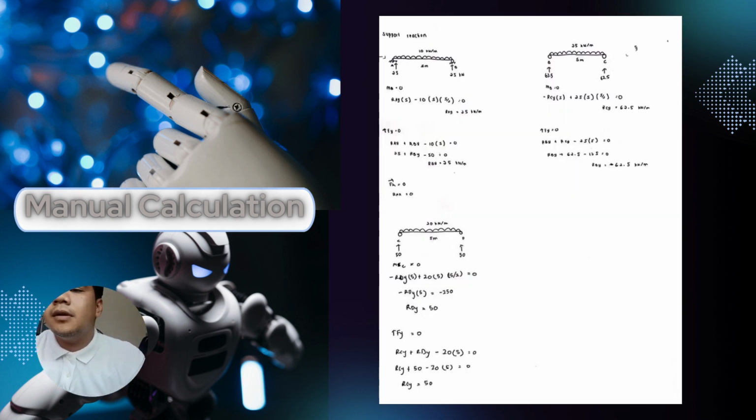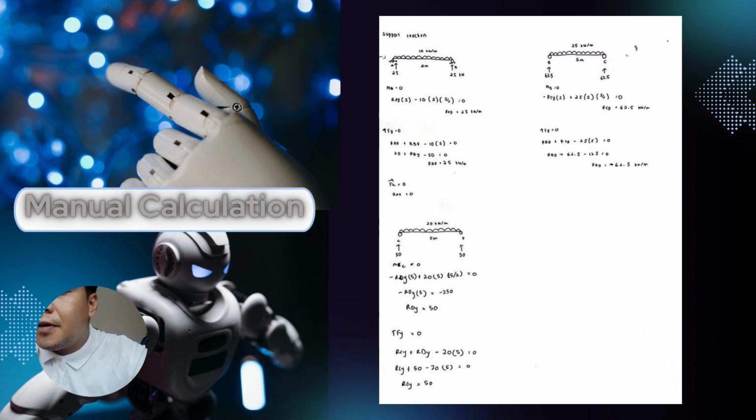Okay, for support reaction, we have 3 loading. For first loading, we have 10 kilonewton. First, we calculate the moment: RAY times 5 minus 10 times 5 and then times 5 over 2.